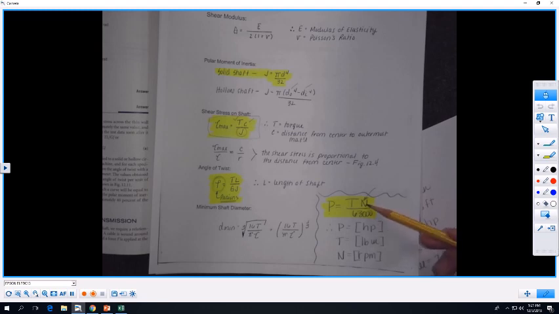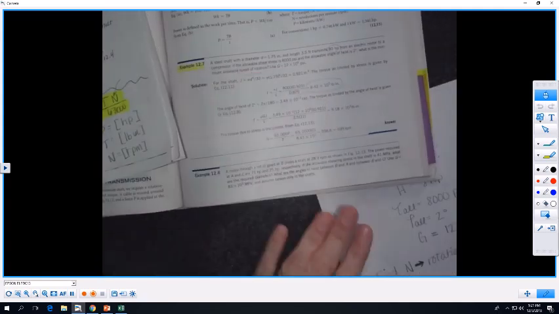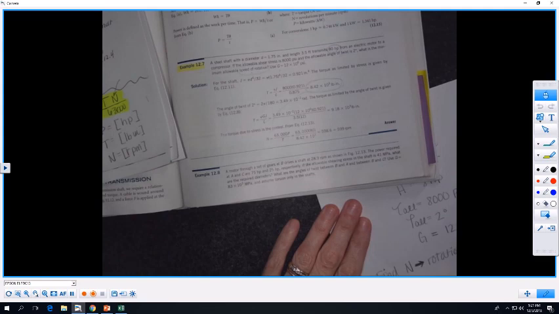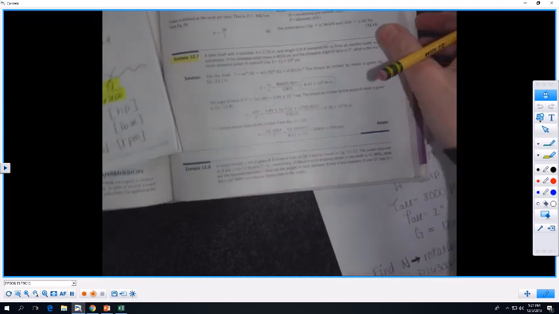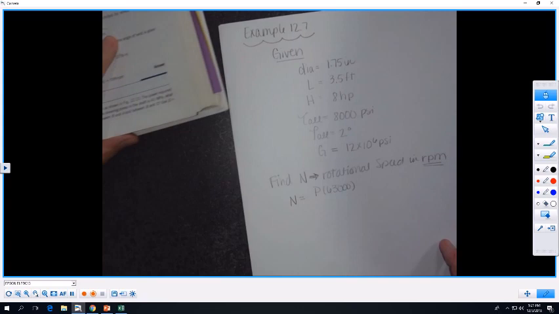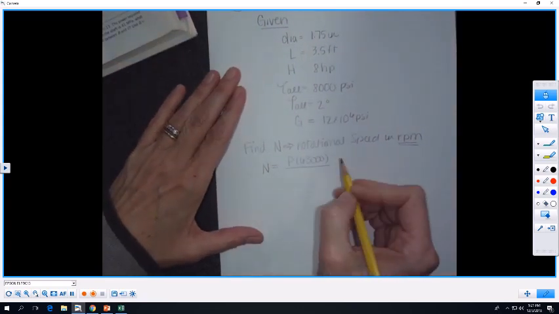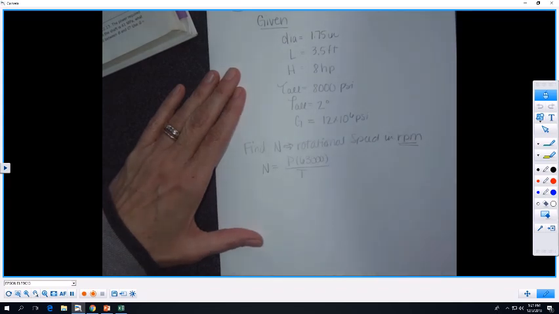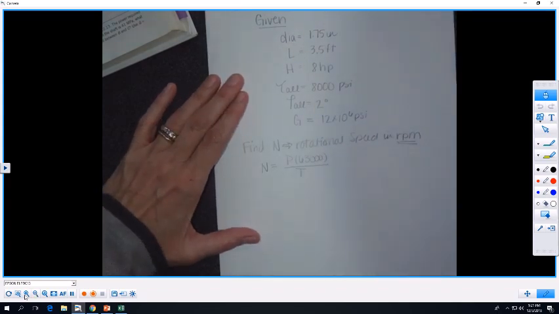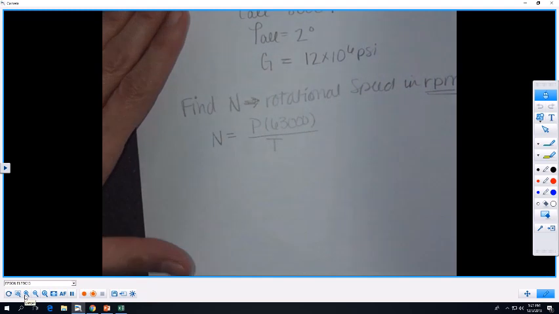So for this equation then, we need to rearrange to solve for our rotational speed. N is equal to P times 63,000 divided by the torque.